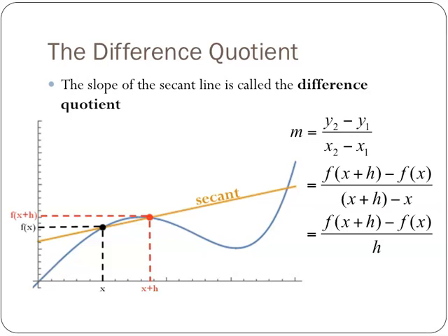So let's do an actual example where we apply the difference quotient. Hopefully that gives you a little more context in terms of what you're actually solving for. The difference quotient is just the slope of that secant line, and if you wanted to find the instantaneous rate of change, you would set h equal to 0.